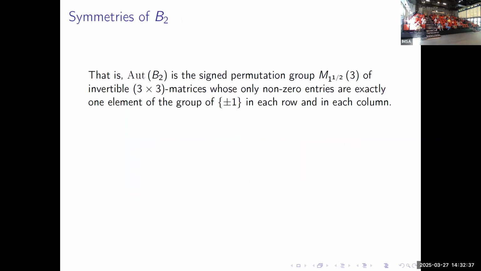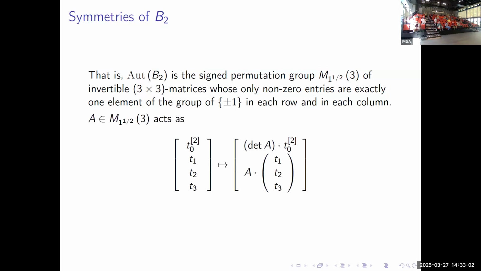So pretty obviously from the equation itself, the automorphism group of B2 is the signed 3×3 permutation group, plus or minus 1 in every row and every column.